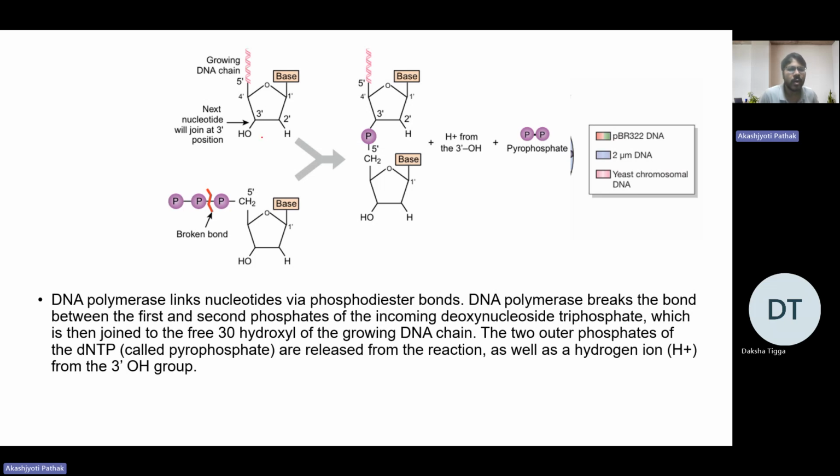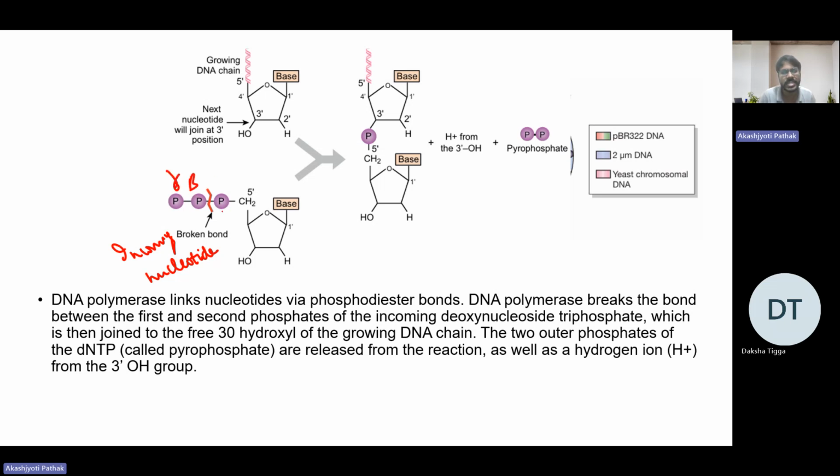What is done in this first step? This is your incoming nucleotide, and this is the growing DNA chain. This is being catalyzed by the DNA polymerase. The DNA polymerase first cleaves the gamma and beta phosphate groups.